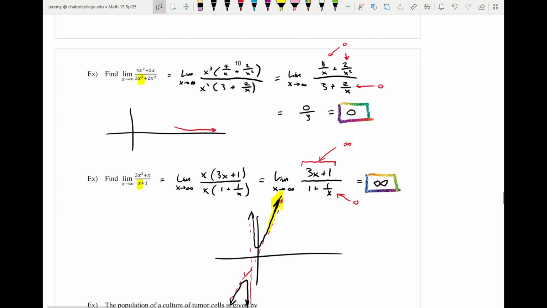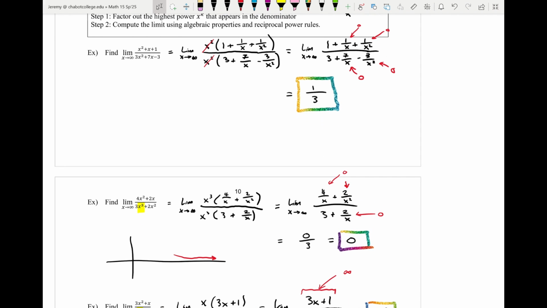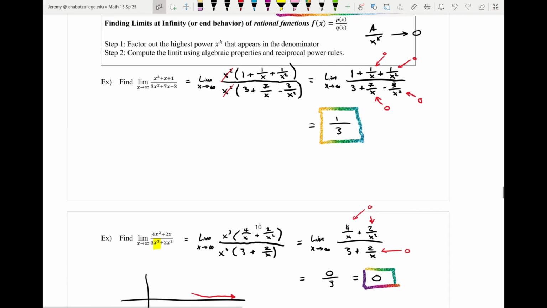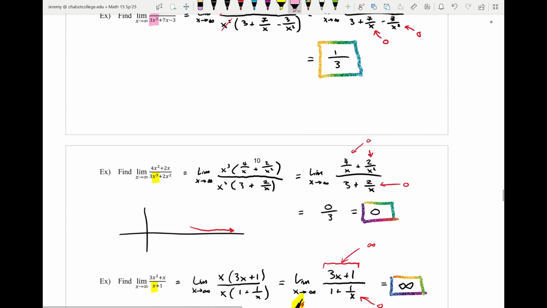One last thing I want to point out about these three last examples really is, you might remember in pre-calculus when you were learning how to graph rational functions, when you were trying to figure out what the horizontal asymptotes were, or if there even was a horizontal asymptote, you would look at the leading coefficients of the numerator and denominator.